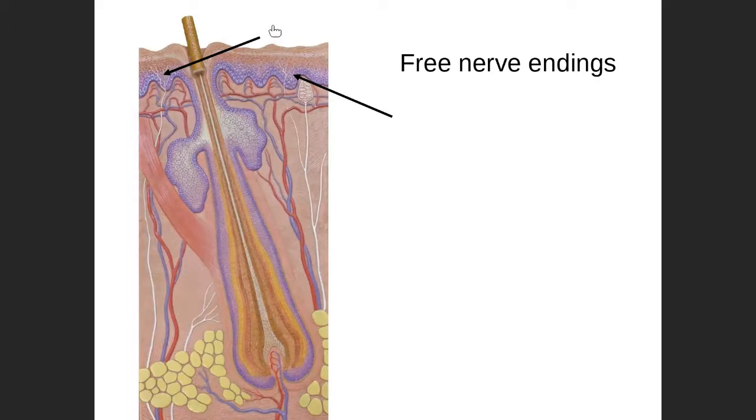See that white line that's coming up from the dermis and then goes out into the epidermis? That's a free nerve ending. What's a free nerve ending? A pain receptor. It's one of the things that it does. We call it a free nerve ending because there's no capsule on top of it. The nerve endings are just hanging out there. There's one all the way over here.